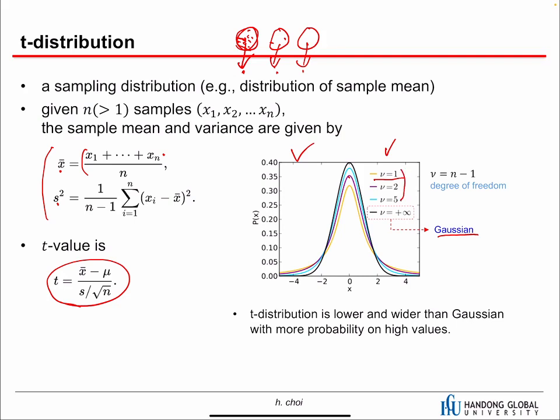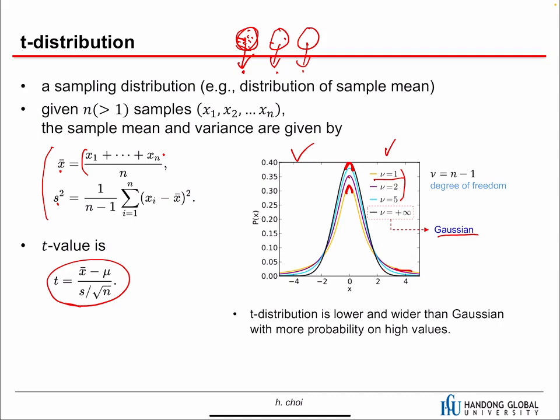And the important thing is that the T distribution is lower and wider than Gaussian, with more probability on high values. So look at this one. The black one is Gaussian. All the other T distributions are lower than the Gaussian, and wider.